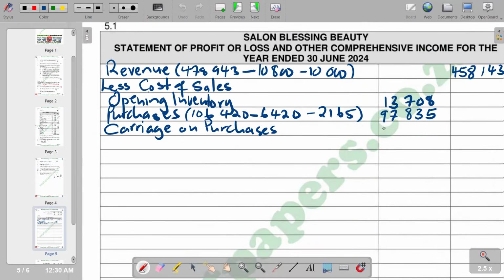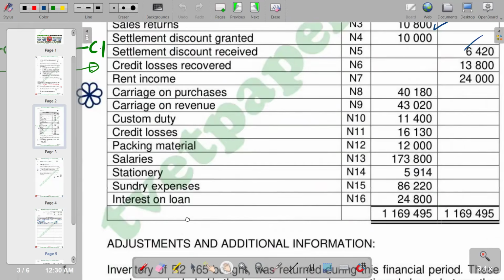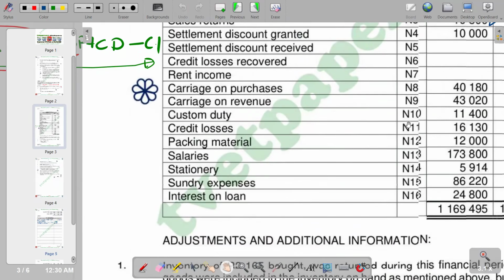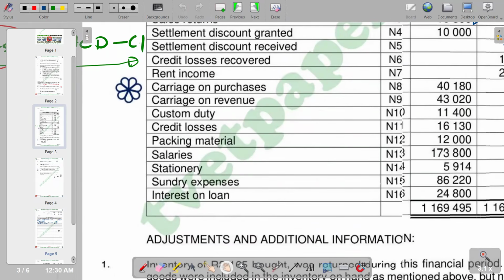We have 40,180. Then from there, according to our formula again, after carriage on purchases, we have customs duties. We check customs duties. We see that we've got customs duties here, which is 11,400. So we come and include it here.